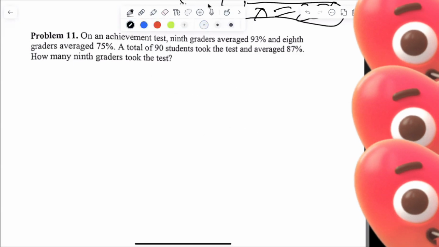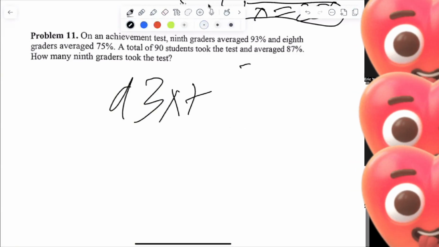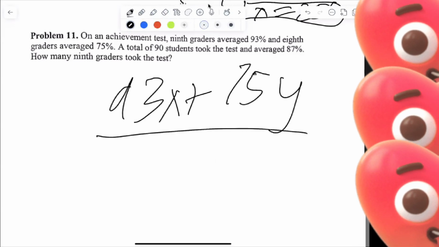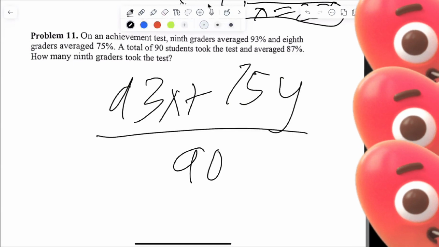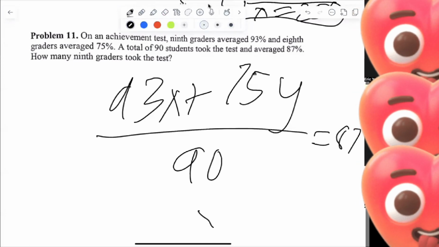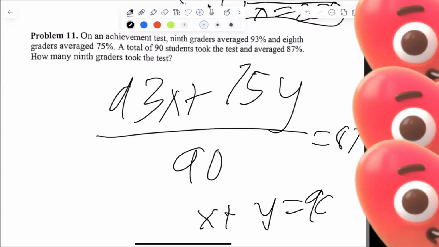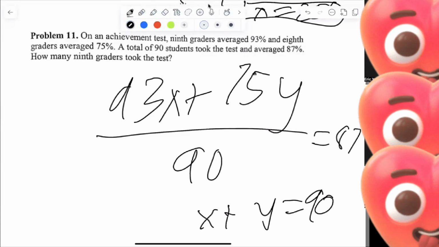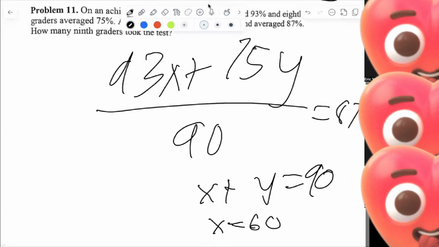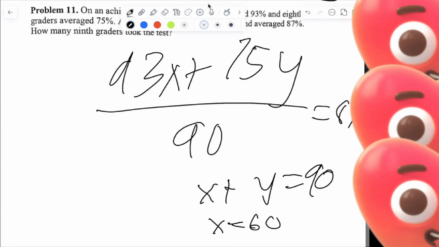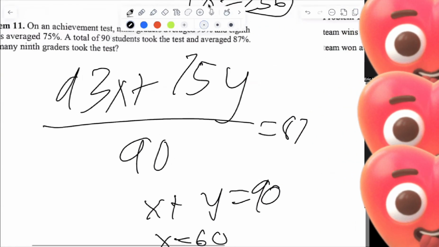I write it down again. And there's a total of 90 students. Solving gives X equals 60. So the answer to this question is X equals 60, or 60 ninth graders.